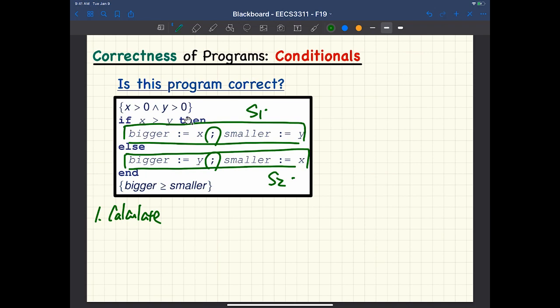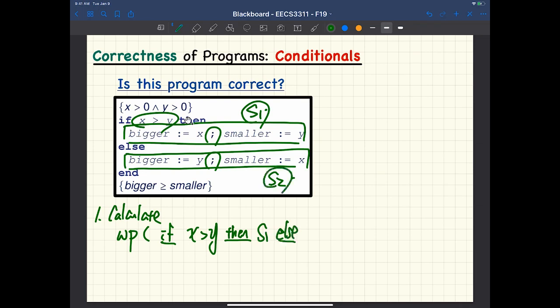Calculate the WP for: if x larger than y, then I will do S1, otherwise I will do S2, and then the post condition will be bigger larger than or equal to smaller.